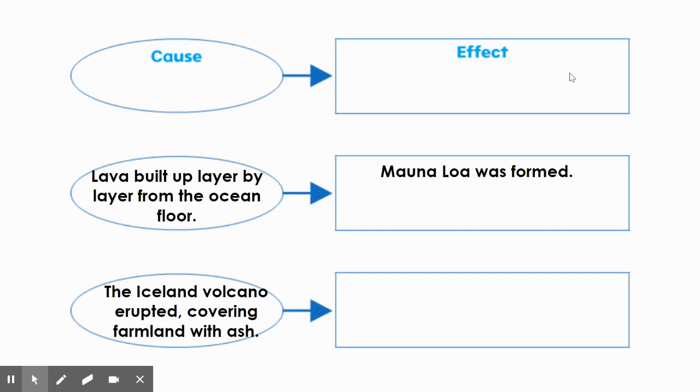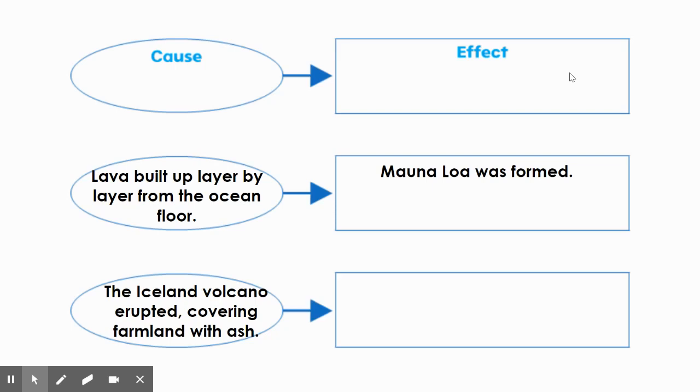What was the effect of all of that ash covering the farmland? What ended up happening because of all the ash landing on the dirt and the ground? Think about that. Pause for a moment. Write down the cause. The Iceland volcano erupted, covering farmland with ash. Press play when you're ready.